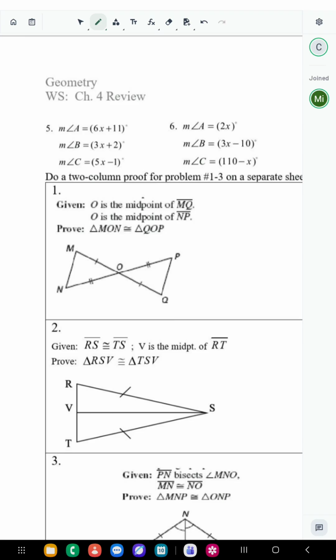So if this is to solve for x, then we just add them up. 6x plus 6x plus 11 plus 3x plus 2 plus 5x minus 1 equals 180. Then 6x plus 3x is 9, 9 plus 5, that one is 14x. Then 11, 12, 13 minus 1 is 12 equals 180.